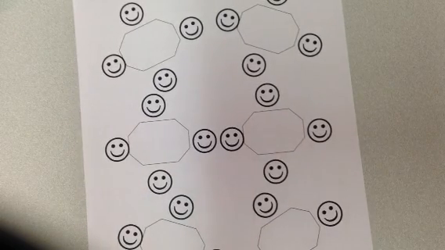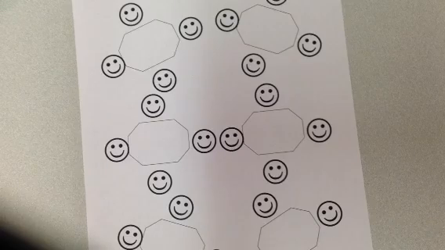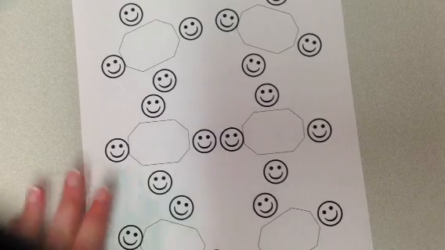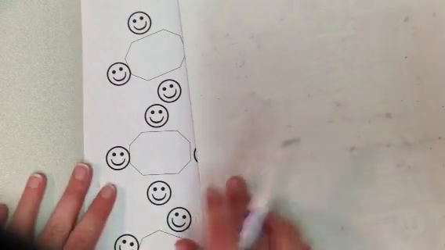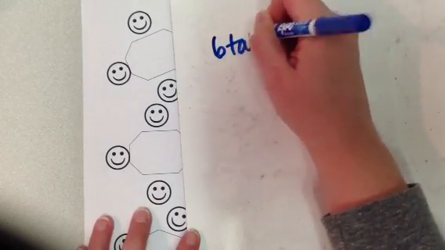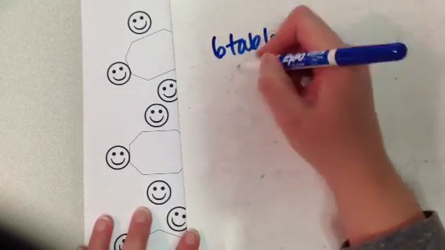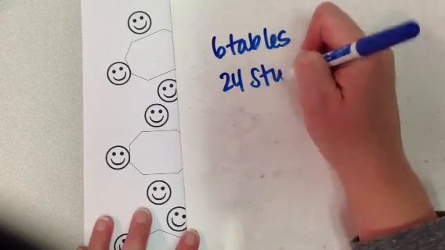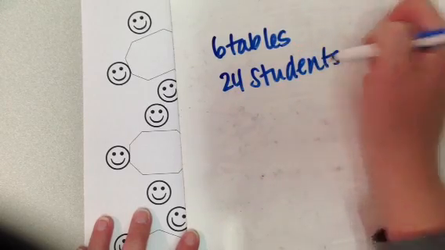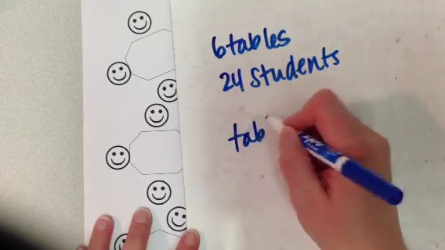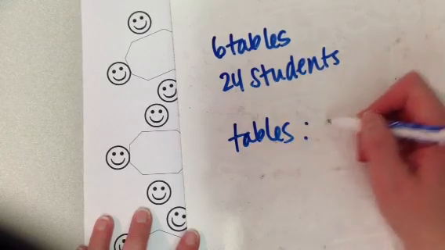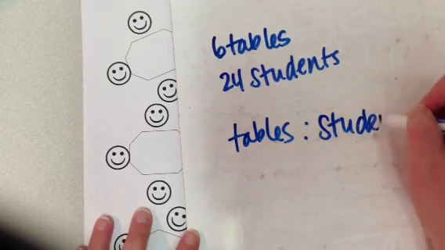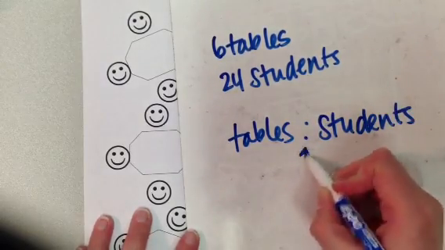If I wanted to write a ratio of the number of tables in this classroom to students, I would do that. Let me write out my facts here first. I have 6 tables, and I have 24 students. If I wanted to write a ratio that compared the tables to the number of students, this is how I would do it.